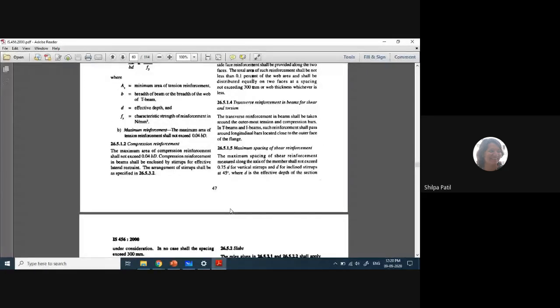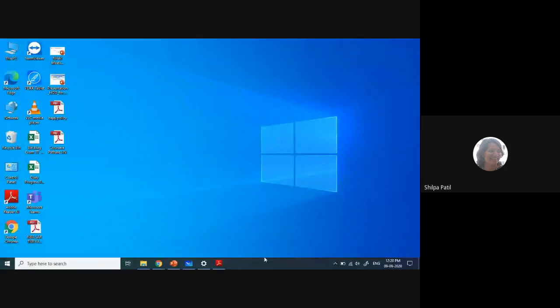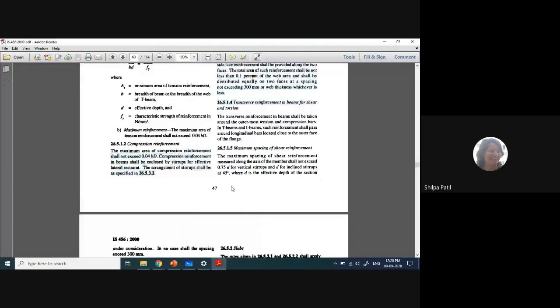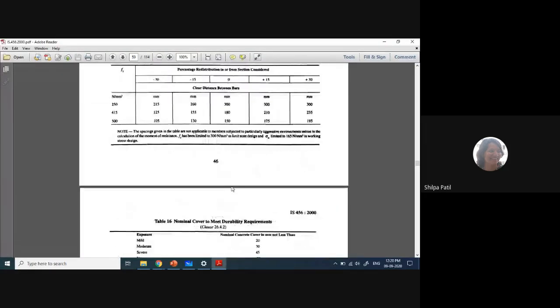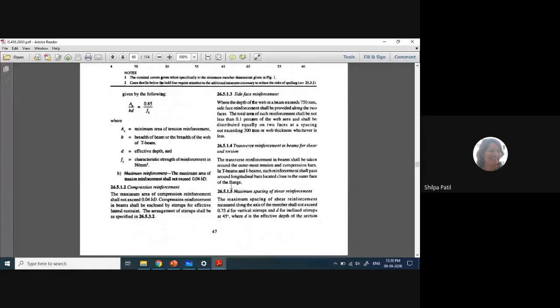Page number 47. Where is the criteria? The criteria is here. Maximum spacing for shear reinforcement. The maximum spacing of shear reinforcement measured along the axis of the member shall not exceed 0.75 d for vertical stirrups and d for inclined stirrups at 45 degree, where d is the effective depth of the section.